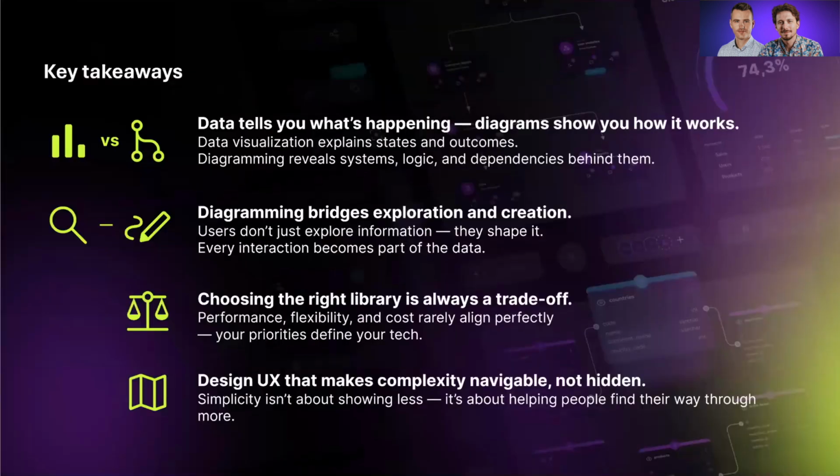So the key takeaways you can get from the talk are, first of all, diagramming is mainly to show how things work. Diagramming is also made for interfaces, so the users don't want to only see the data, they want to create the data using diagrams.